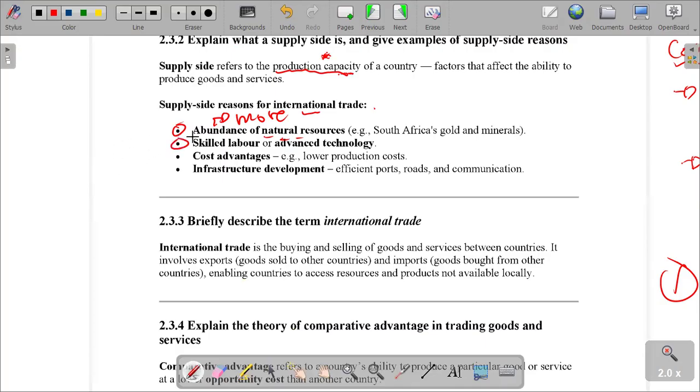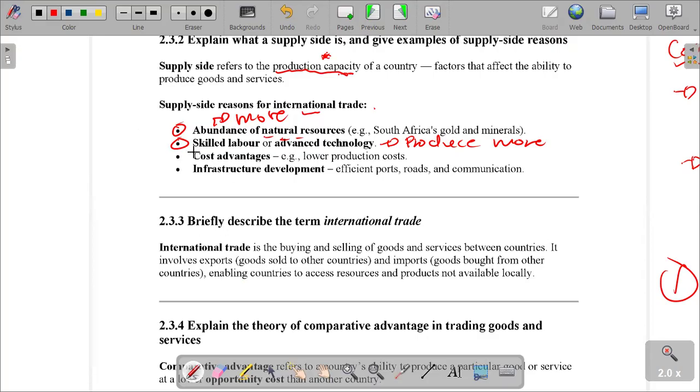to other countries, right? And then the second supply side reason for international trade will be skilled labor or advanced technology. If we have more skilled people, it will be easy for us to do what? To produce more. Because we have skilled workers who can produce more products, or advanced technology, we can produce more products within a short period of time.